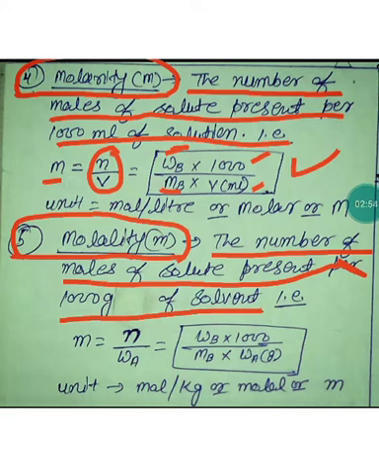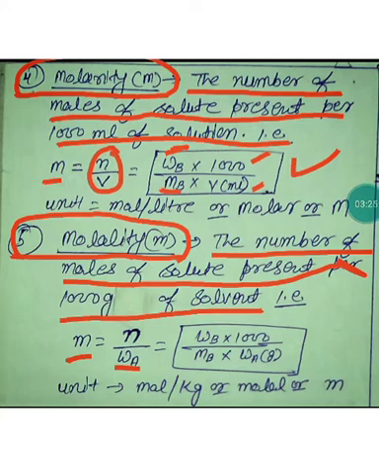In place of solution in molality we take solvent, and in place of volume we take the mass, and the formula will be molality m is equal to N upon WA, where N is the number of moles and WA is the mass of solvent.